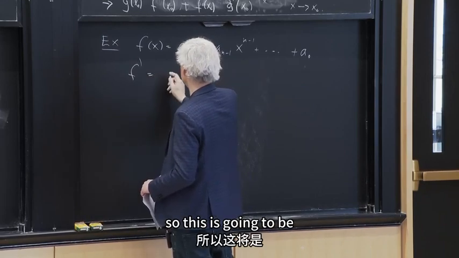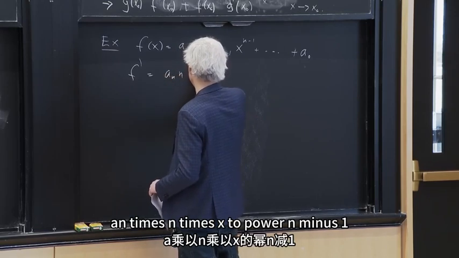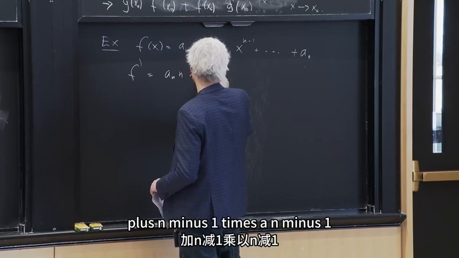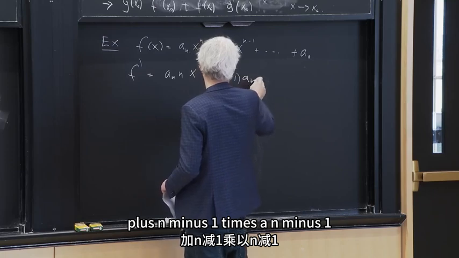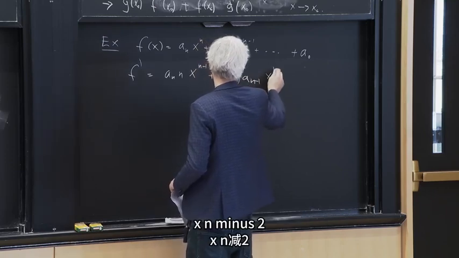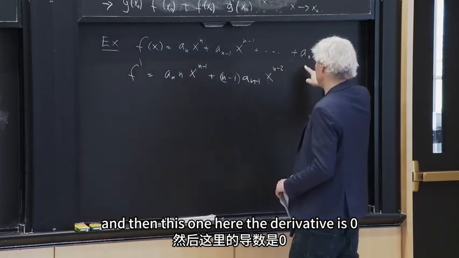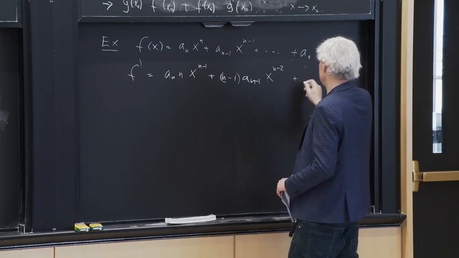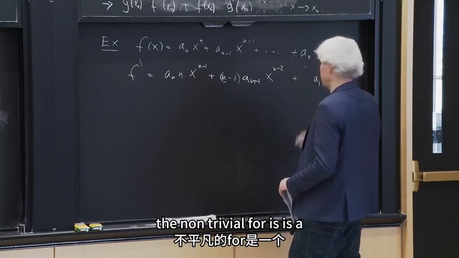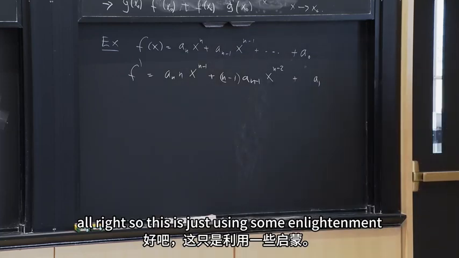So this is going to be n a_n x^(n-1) plus (n-1) a_(n-1) x^(n-2), and then the derivative of the constant is 0, so the last one you're getting something non-trivial for is a_1. So this is just using the sum plus Leibniz rule repeatedly.